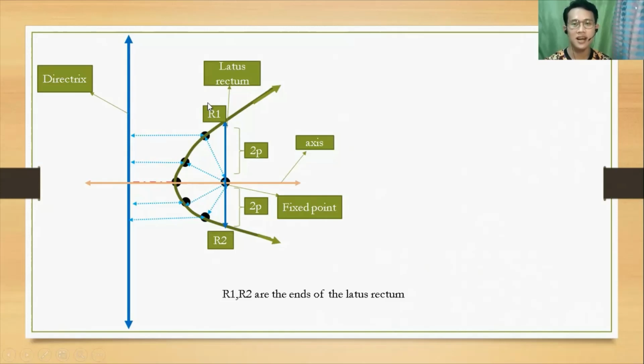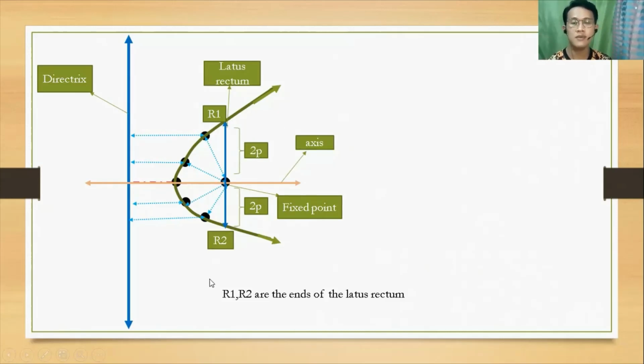Okay, I labeled here R1 and R2. So these points here are the endpoints of the latus rectum being shown. So basically, this is just an assumption of the graph, okay? So actually, this is not a perfect graph as I've shown you.